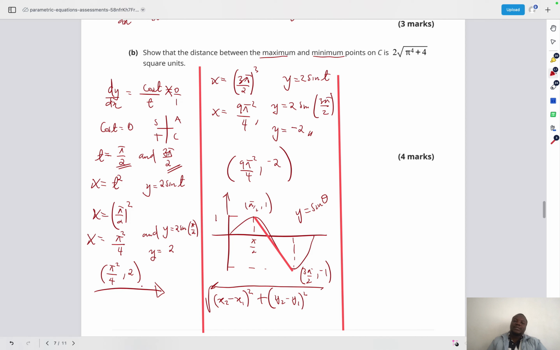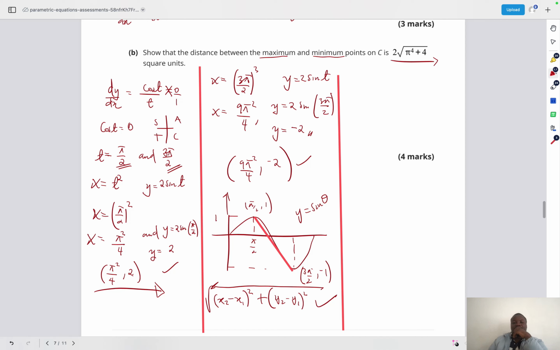So since we've got one turning point here and another turning point there, and they want the distance between the maximum and minimum, just as I've drawn a rough sketch for the normal sine function here, we just use this formula to find what this distance is equal to. And then they want us to say it comes out as that. They've already given us that.